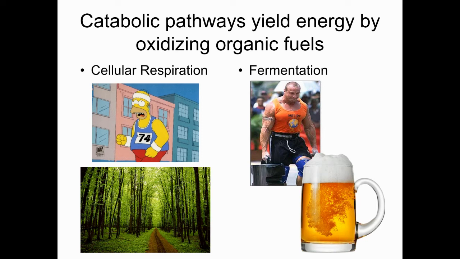Linking the big picture, I put a picture of plants here because I do not want my students to forget that plants undergo respiration as well. They have mitochondria. So don't forget that. On the right-hand side, we have fermentation. We actually have the ability to do both. We prefer aerobic respiration. However, when you get extreme muscle fatigue, when your muscles are working too hard, you cannot keep up with the oxygen, your muscles don't die right away.